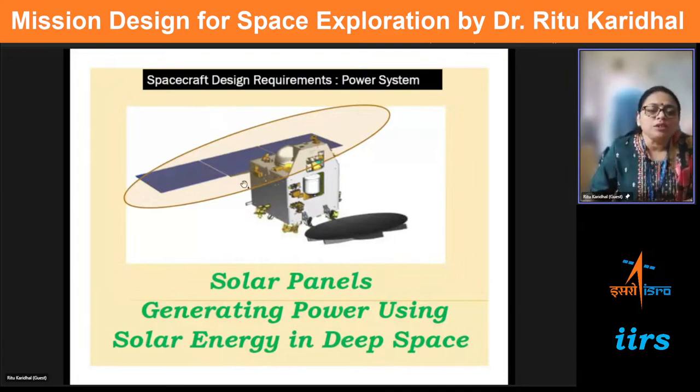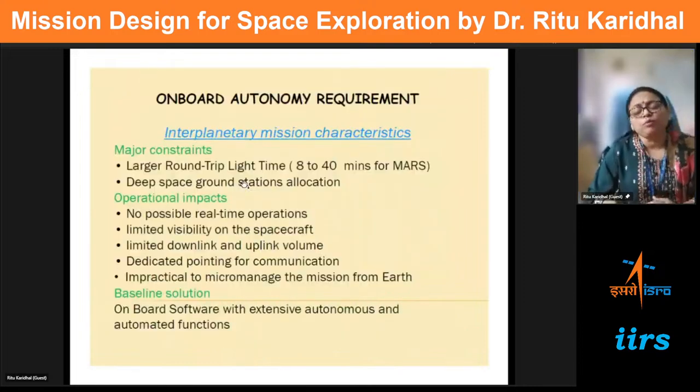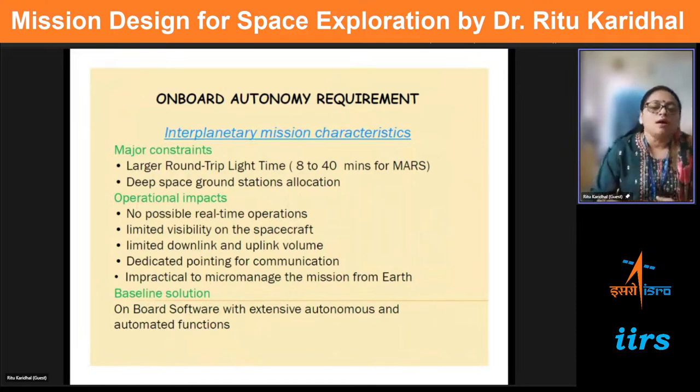So these are the important systems which we need to really design for such a mission, for any interplanetary mission. I have only covered a few systems, but there are many very intricate things. One of the smallest parts is the design of a simple telemetry system.